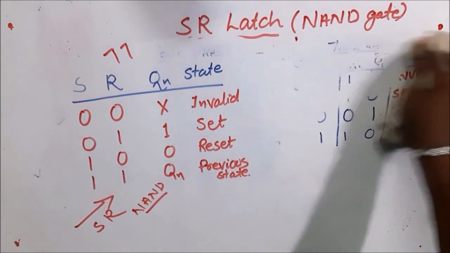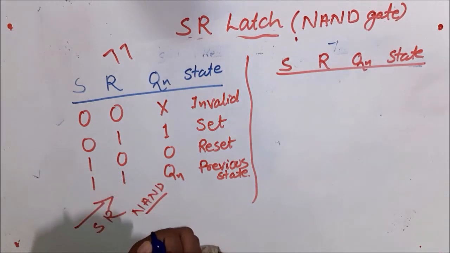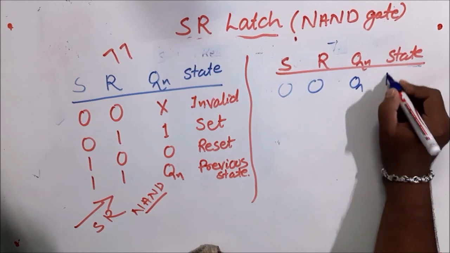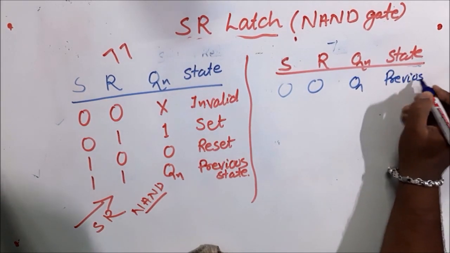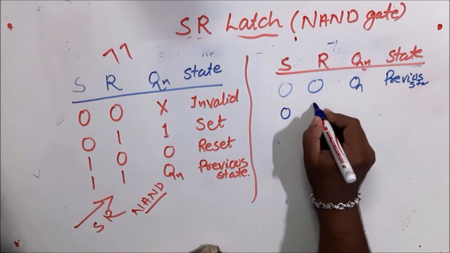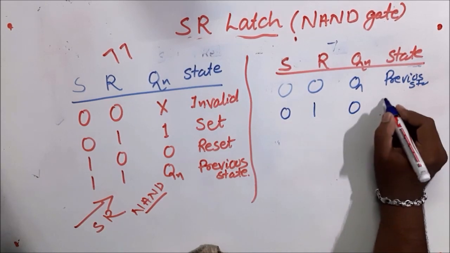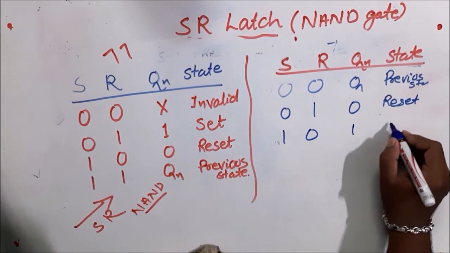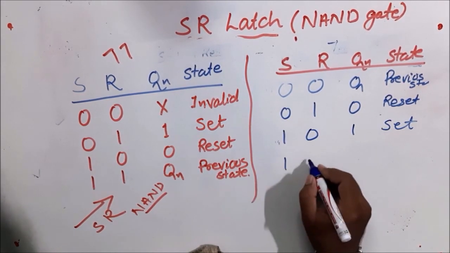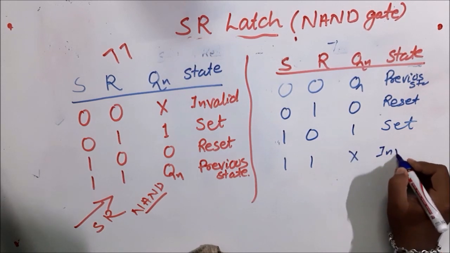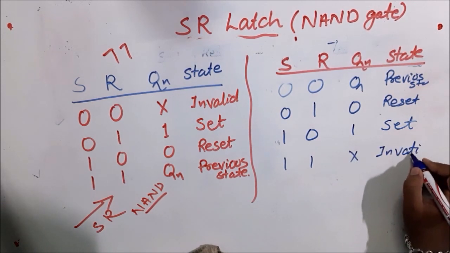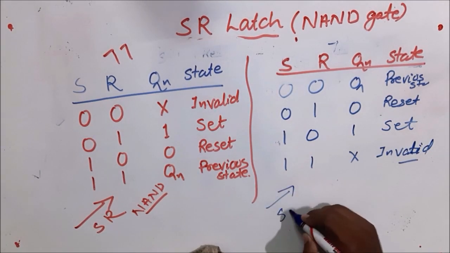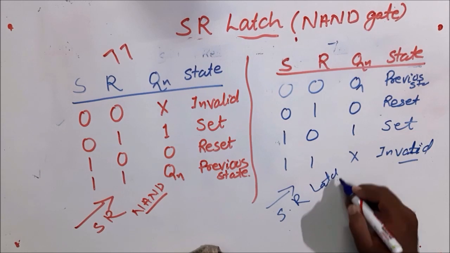We'll get 0, 0 as Qn previous state, 0, 1 as 0 reset, 1, 0 as 1 set, and 1, 1 as invalid. Okay, this is the SR latch using NOR gate.